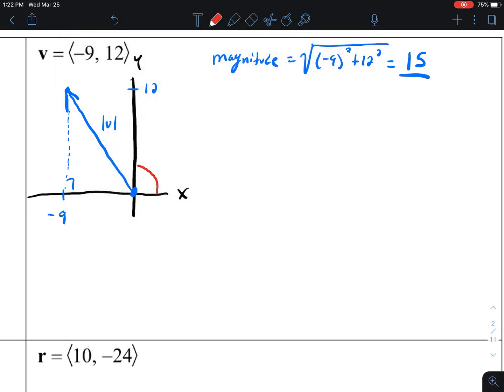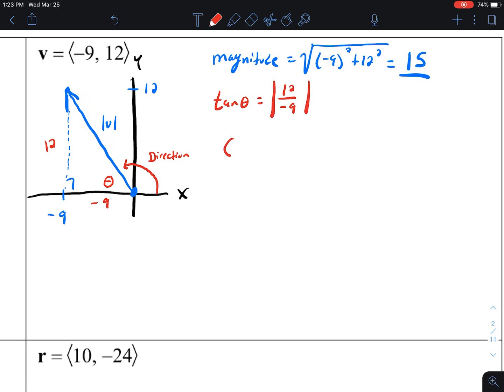Now, my direction angle here, see the direction angle is the angle I'd rotate off the x-axis, again in the counterclockwise direction. So to find that, we need to first find the angle that the vector makes with the x-axis that it's closest to. So we would say tangent of theta is equal to opposite 12 over adjacent -9.